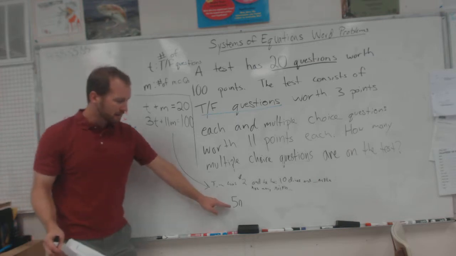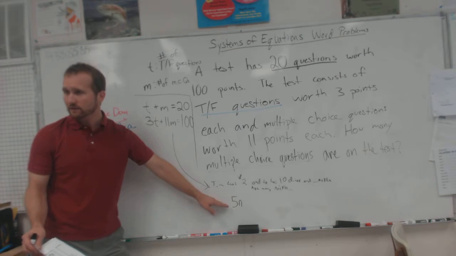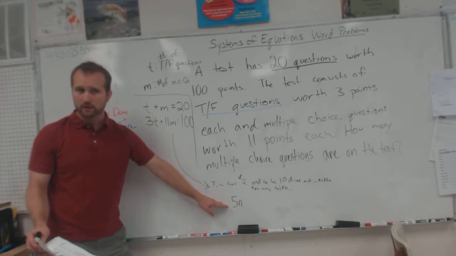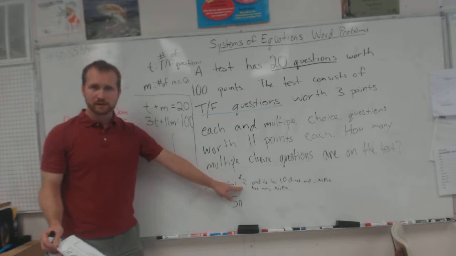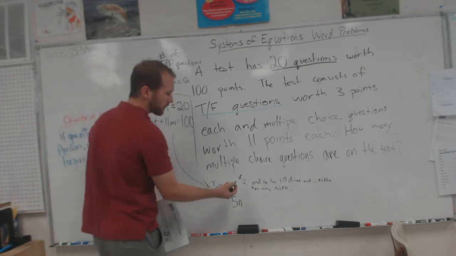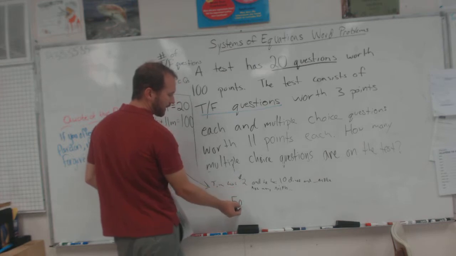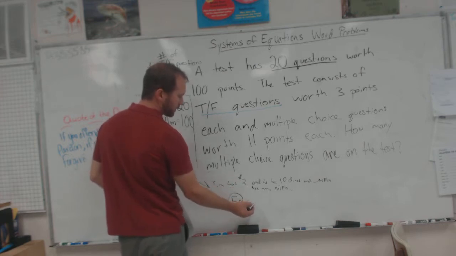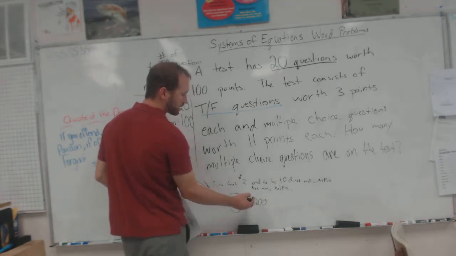Each nickel is worth 5 cents, and if he has $2, how many cents is $2? 200, right? $1 would be 100. So we would have to say 5n would equal 200. And I didn't set that up right.